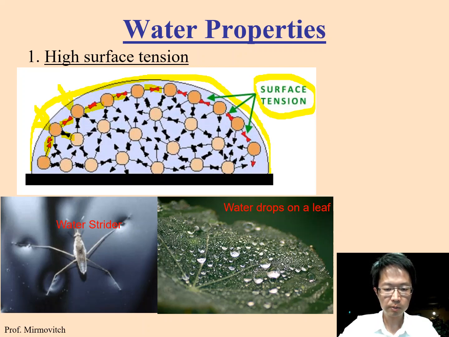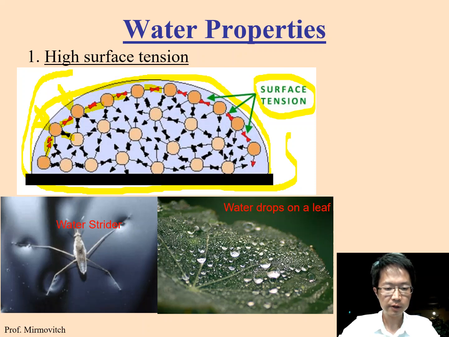So the water droplet here on the leaf is caused by the so-called surface tension. The surface tension is basically formed by hydrogen bonds, as you can see from this picture here.